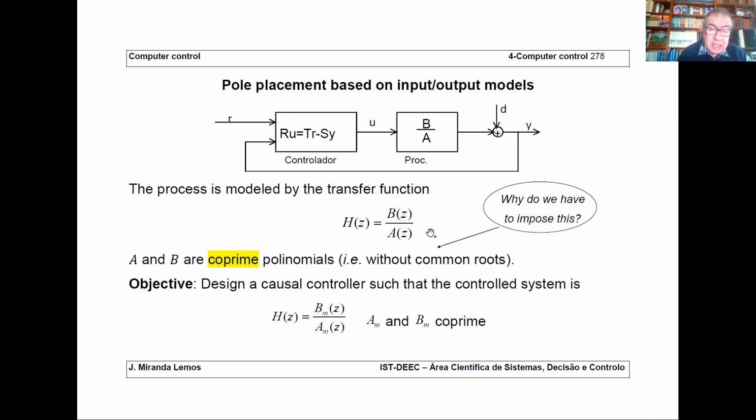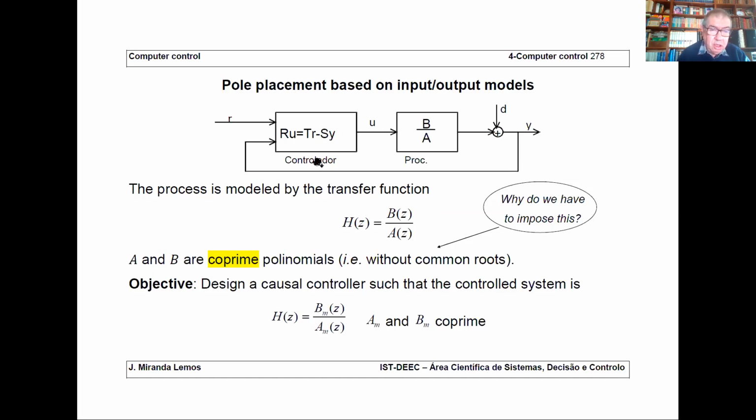This corresponds in terms of transfer functions to not having common roots. If this is very complicated, just think that we do not allow common factors both in the plant model and in the desired plant model. I sometimes call this the reference model.